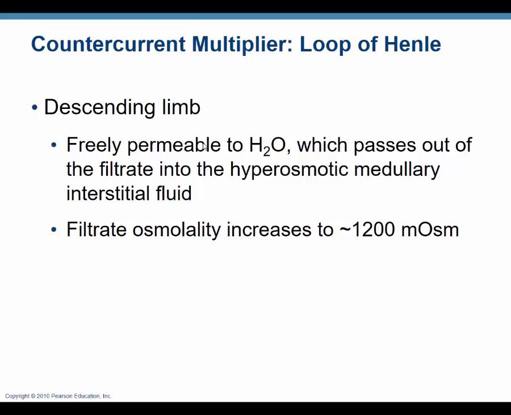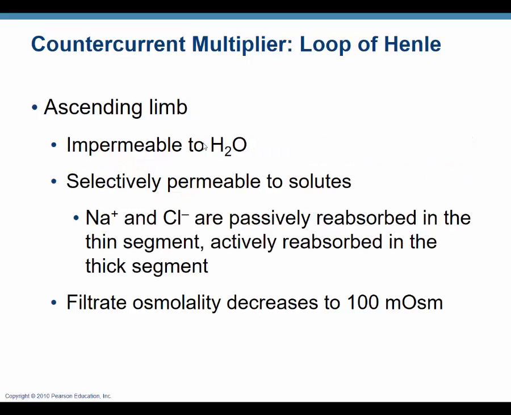So how does that happen? How do we get a change in the interstitial fluid around the loop of Henle so water flows? Well, the key is the ascending limb. The ascending limb creates the gradient. Next to the word ascending limb, you should write creates the gradient. It creates this difference in concentration because, if you look in your diagram in your textbook again, there's a thin portion of this loop of Henle and there's a thick portion.